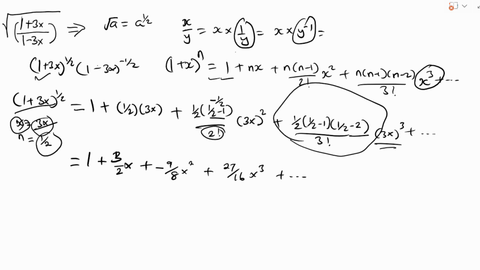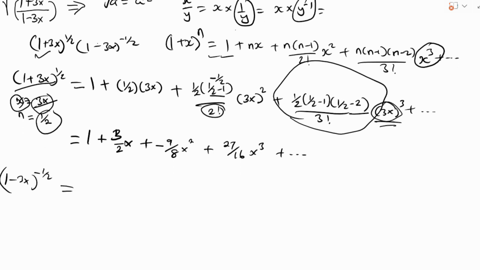Now on the other hand, (1 minus 3x) power negative half can also be expanded using the binomial expansion formula here, whereby our value of n in this case is negative 1 over 2, and the value of x we shall pick as negative 3x.